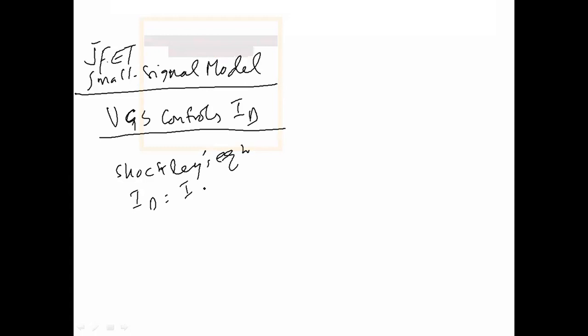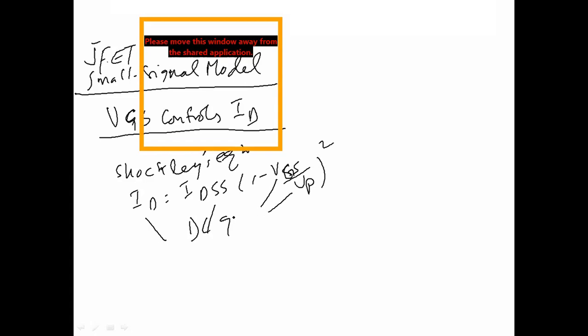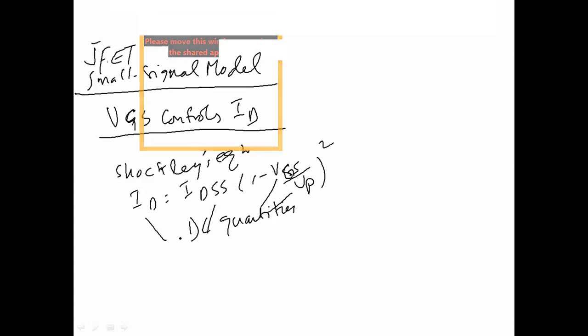ID equals IDSS times (1 minus VGS over VP) whole square. So these all are DC quantities. So DC gate to source voltage controls the DC drain current, and this phenomena is given by the Shockley equation, which relates the drain current and the gate to source voltage.